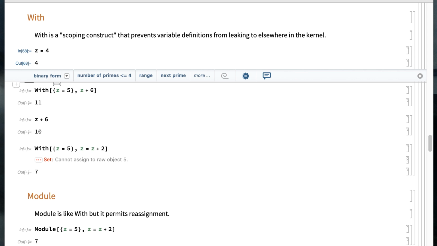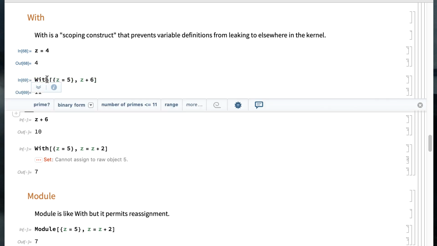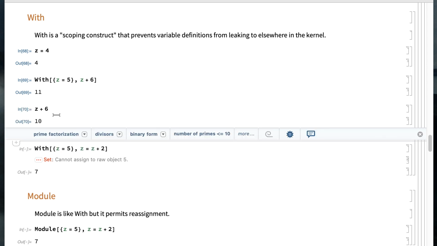So the kernel now thinks, when I see z, I think 4. This now says, though, for right now, z is 5, and I want you to add that 5 plus 6. So I'm not going to get 10, I'm going to get 11. But just to show you that z lives on, that this was only a temporary definition, if I now say, what's z plus 6? It's going to say 10.